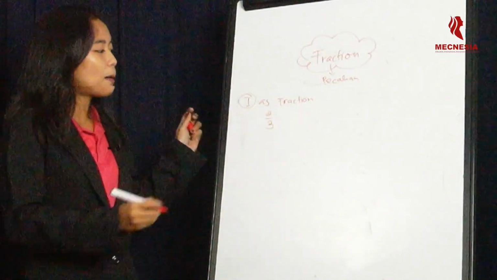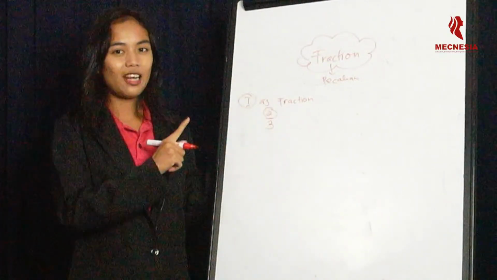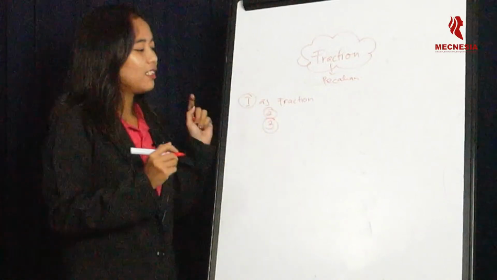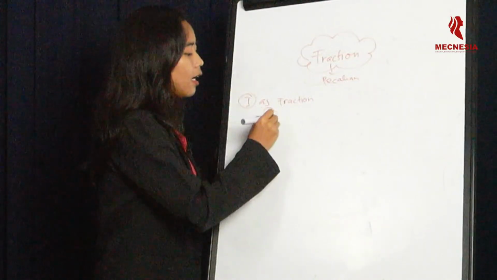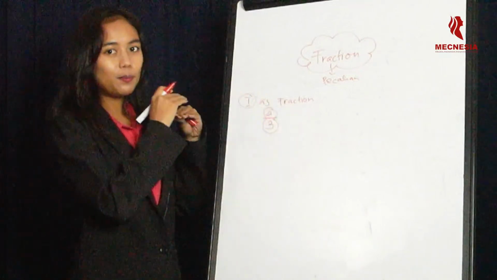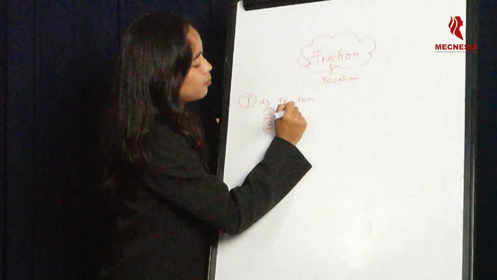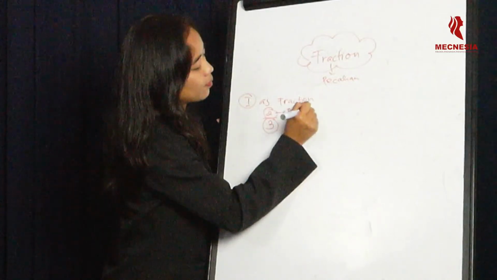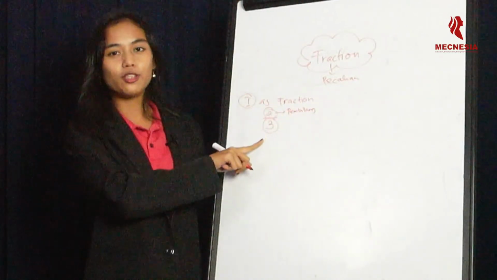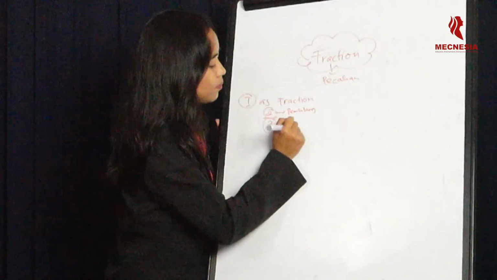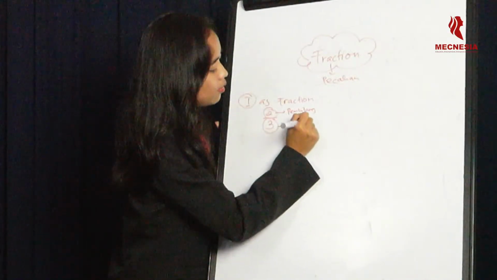Oke, ada pembilang dan ada juga penyebut. Oke, so pembilang adalah angka di atas per. Angka yang di atas. Ini namanya pembilang. Yang di bawah disebutnya penyebut.